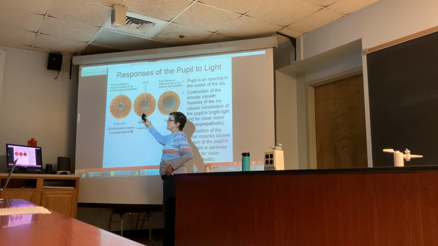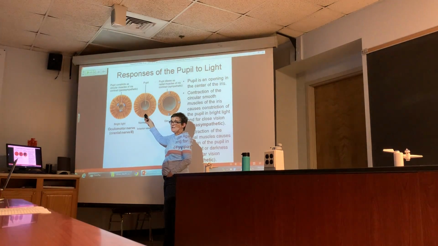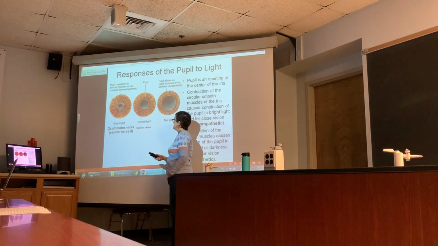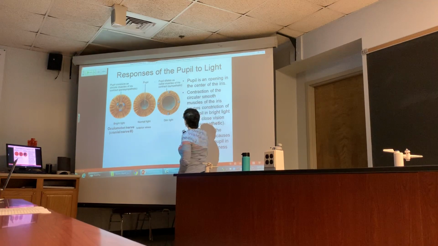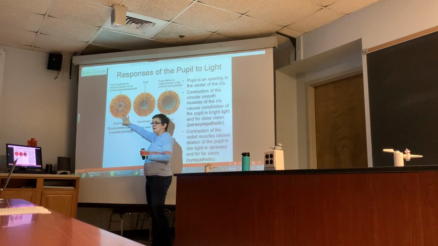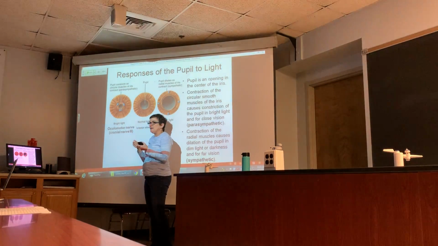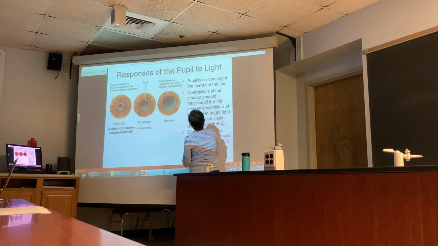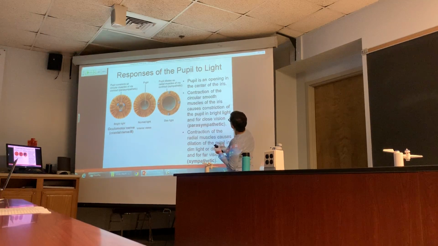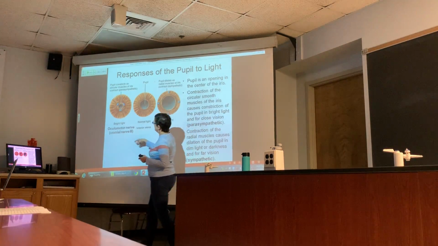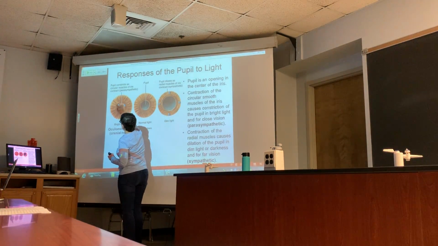Here is a regular, relaxed pupil that isn't either constricted or dilated. This is just under normal light conditions. If you are exposed to more light, or if you're reading or doing close-up work, your parasympathetic division controls the circular smooth muscle.